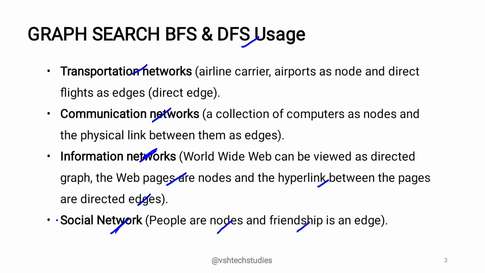In communication networks, a collection of computers are nodes and the physical links between the computers are edges. In a transportation network, airports are nodes and direct flights are edges.